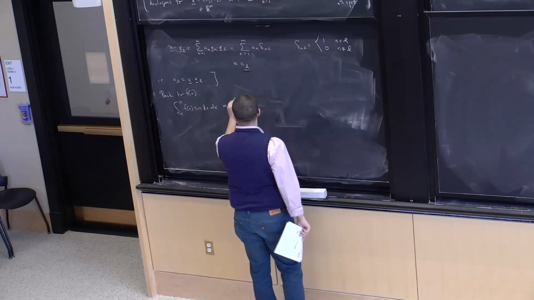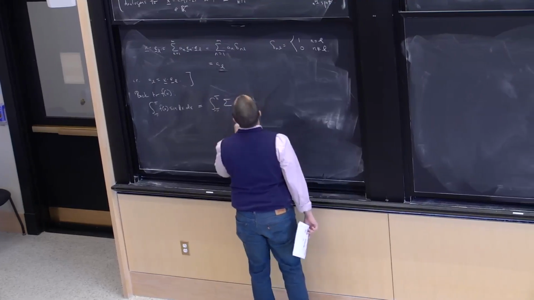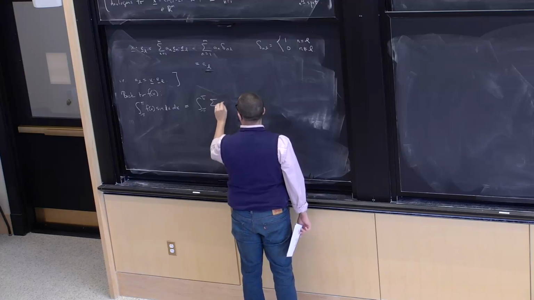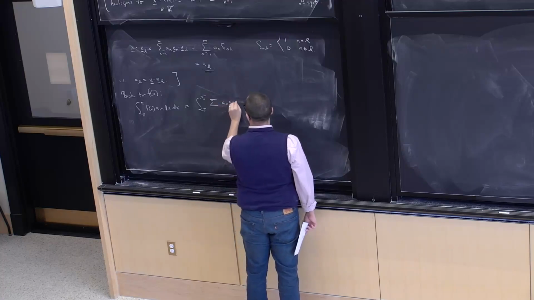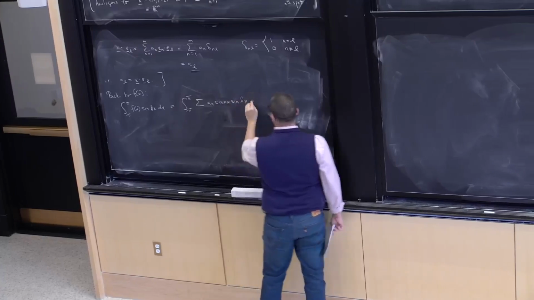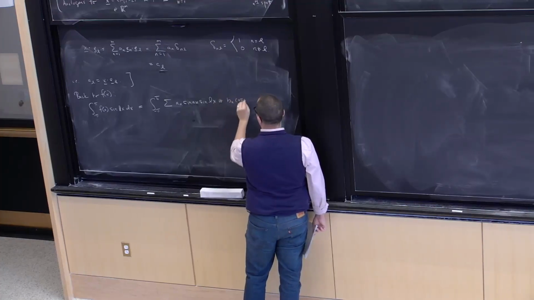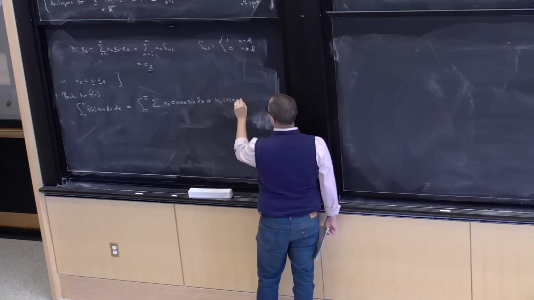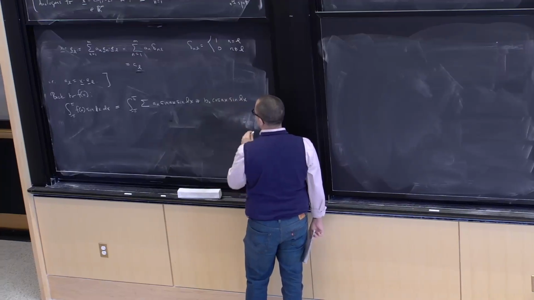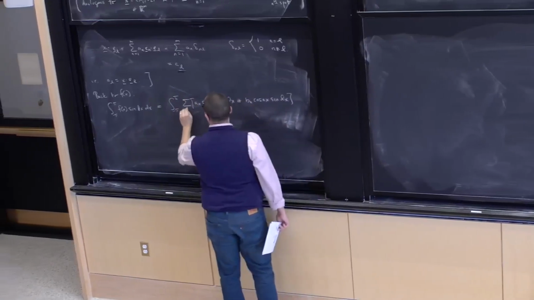I'm skipping a point I want to make as well. Just remember the sum is starting from 0 to infinity. I don't want to keep writing it. a sub n sine nx sine Lx plus b sub n cosine nx sine Lx, and then n equals 0 to infinity.